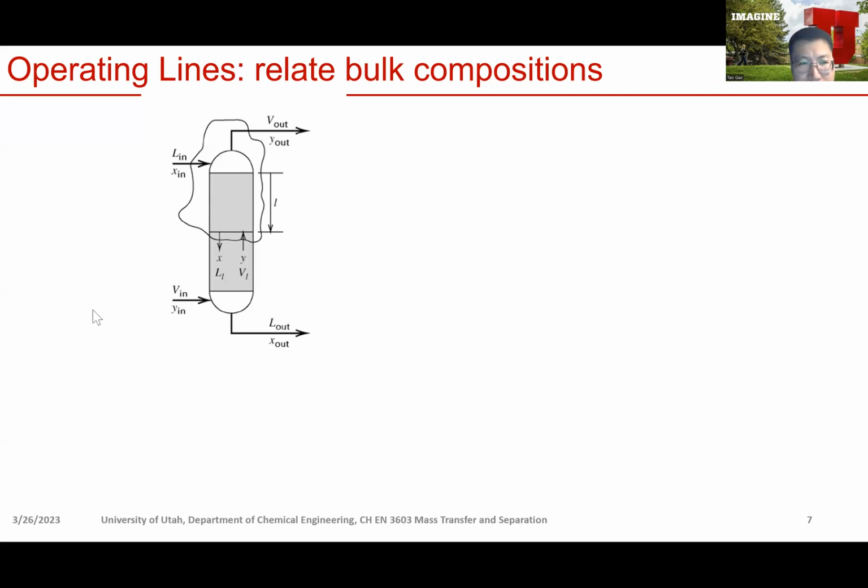So then we can write down the solute mole balance, right? So we have x in multiplied by L in, that's the solute coming into the tower. We have y multiplied by V, that's the solute going into the control volume carried by the upcoming vapor. Okay, that's gonna be equal to the solute leaving the control volume, right? This is the solute leaving the control volume carried by the downcoming liquid stream. And also this is the solute leaving the control volume carried by the exiting vapor phase.